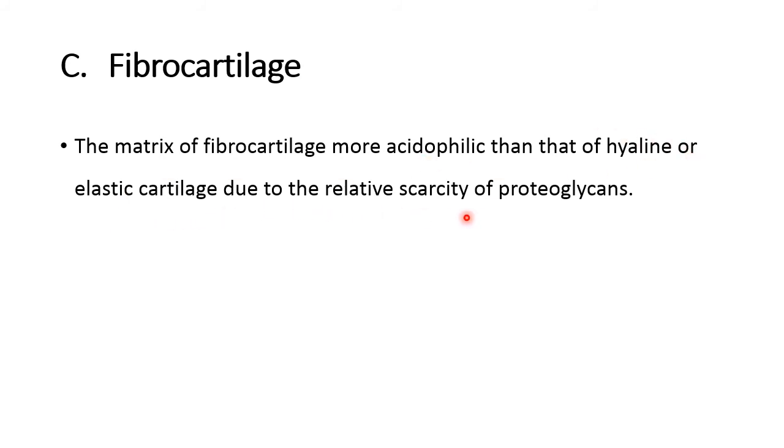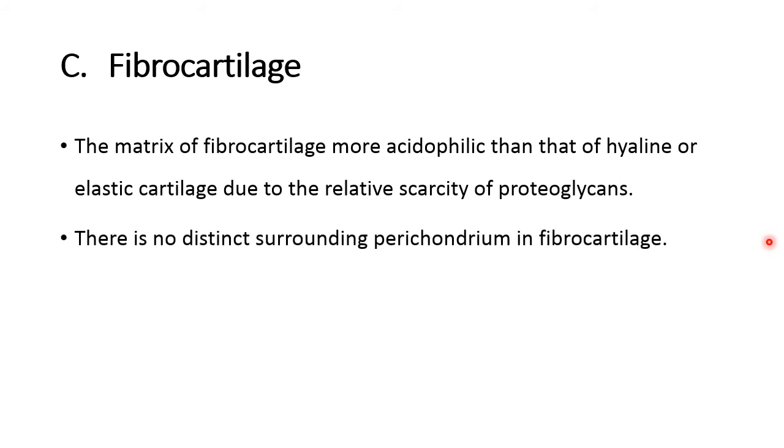Due to what؟ السبب due to the relative scarcity of proteoglycans زي ما قلنا في الهايلاين cartilage لأنه في proteoglycans كتيرة عشان كده بيظهر الماتريكس بيزوفيليك. في الفايبروكارتليج proteoglycans بسيطة relatively، وبالتالي بتكون الماتريكس more acidophilic than those of hyaline or elastic cartilage. And in fibrocartilage there is no distinct surrounding perichondrium.